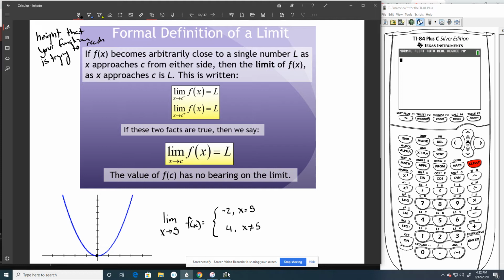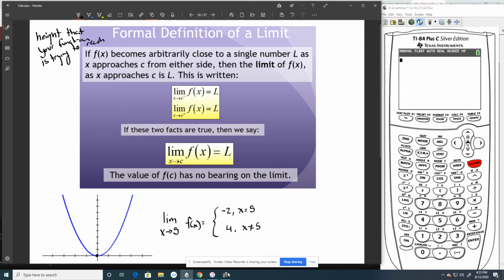So the formal definition is as we get really close to that x value. So as I get really close to 0, then the limit of f of x as x approaches 0 would be my y value right there. So in this one, my limit would be 0 because I'm trying to get to 0.